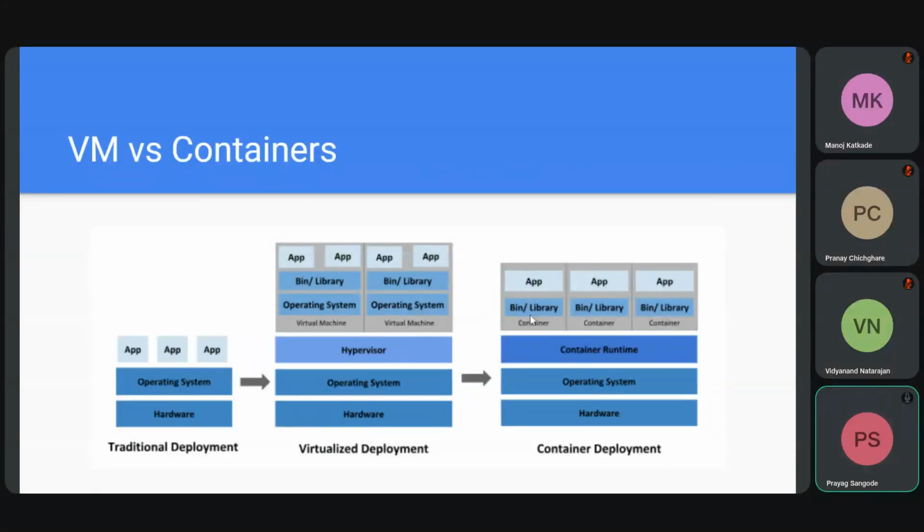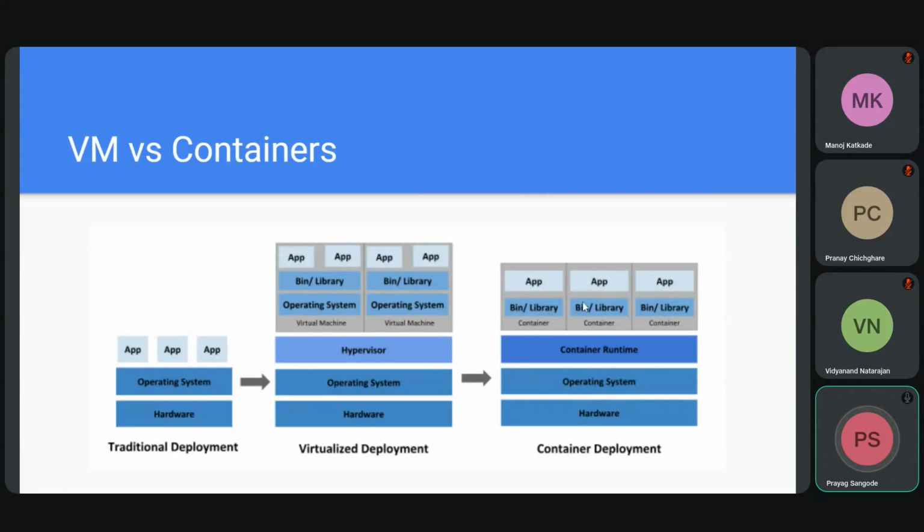Here we'll have multiple containers on a single operating system and a single kernel. If I have an HTTPD container, that will be separate. If I have an Nginx container, that will be separate. If I have a MySQL container, that will be separate. All these containers will have their own binaries and libraries and application code. If we install on a single operating system, we cannot have multiple versions of Java or any software.